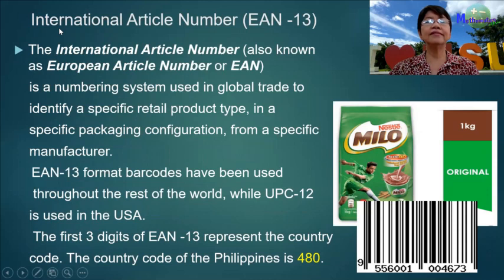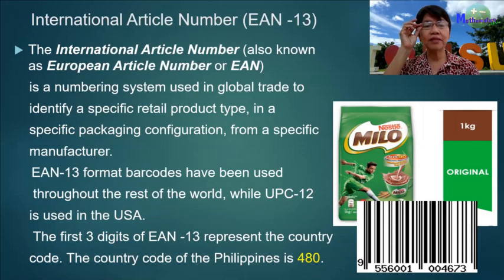International Article Number, EAN 13. The International Article Number, also known as the European Article Number or EAN, is a numbering system used in global trade to identify a specific retail product in specific packaging configuration from a specific manufacturer.